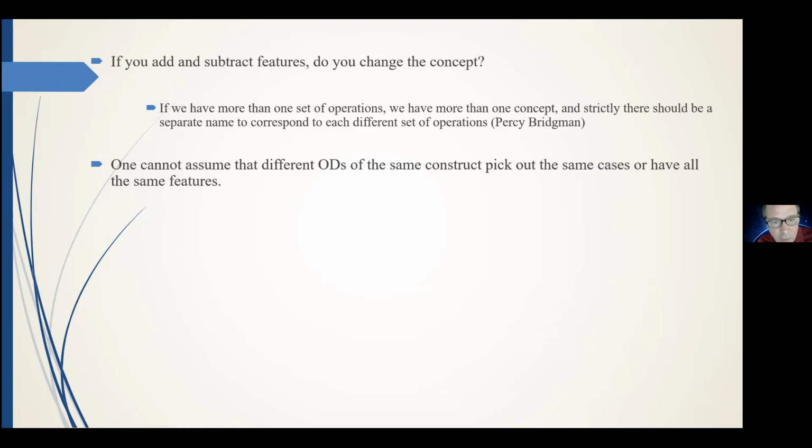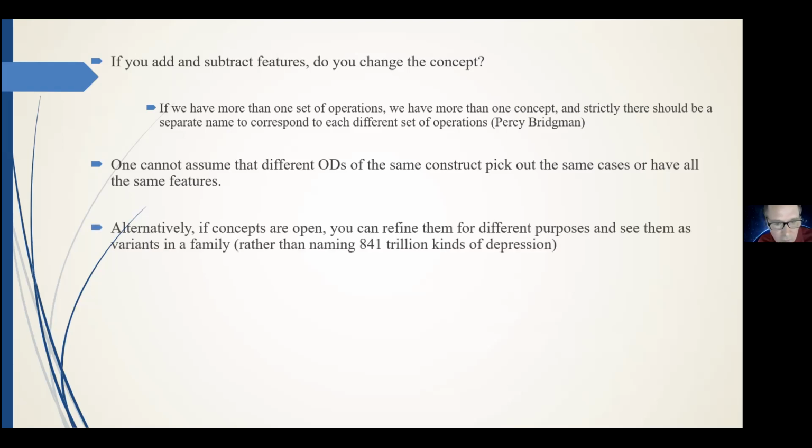They can be overlapping or similar constructs. You just cannot assume it. And if concepts are open, you can refine them for different purposes and extend them in different ways, but still see them as variants of a family, rather than saying, let's name the 840 trillion kinds of depression that are on the MMPI.